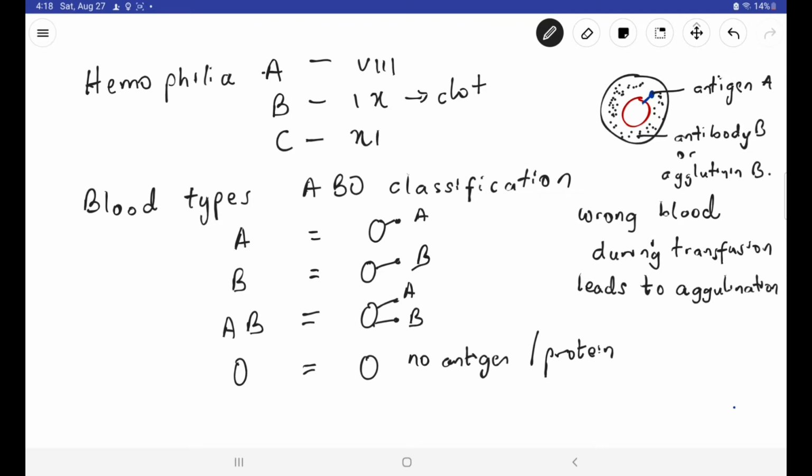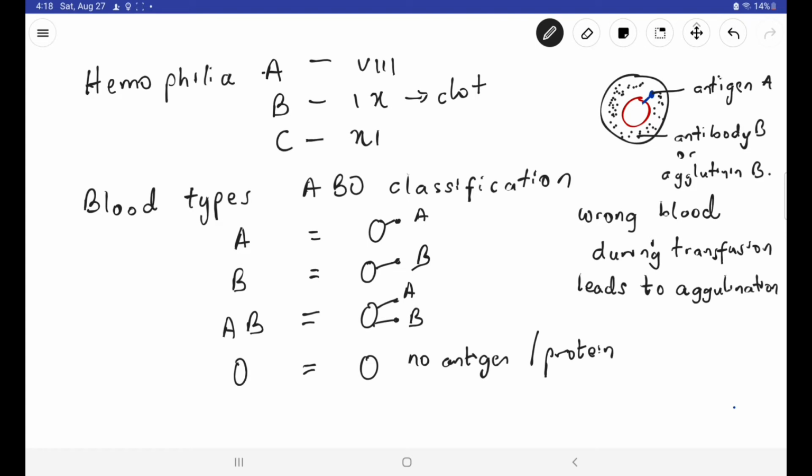Now, one of the most interesting and popular stories of hemophilia involved the son of a Russian monarch, and that particular individual almost died several times due to just little tiny pinpricks. And basically what would happen is a tiny pinprick wouldn't stop bleeding due to the absence of one of these factors.